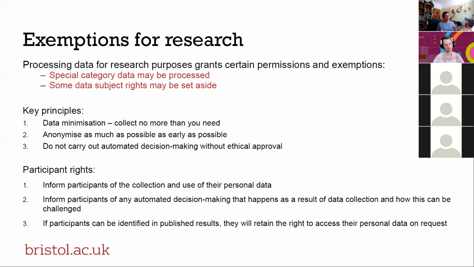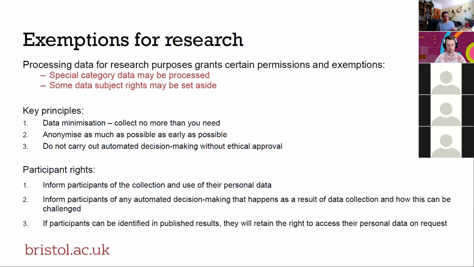The best example of this is probably if you are quoting people directly, making attributable quotations in published research. Then you need to make sure that you keep the original transcripts or the original audio of where they said those things, so that people can ascertain that, yes, that is what I said.